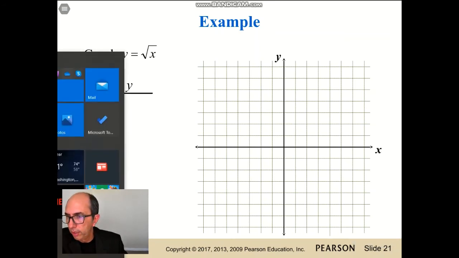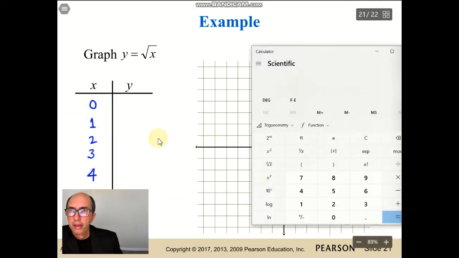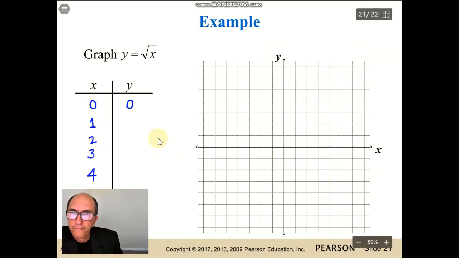Okay, if x equals 0, y equals 0. If x equals 1, the square root of 1 is 1, y equals 1, right? What about if x equals 4? If x equals 4, the square root of 4 is 2.